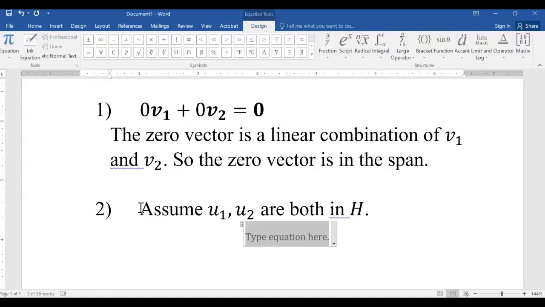Well, let's take a look at the sum, u1 plus u2. We're going to see if that is in H.